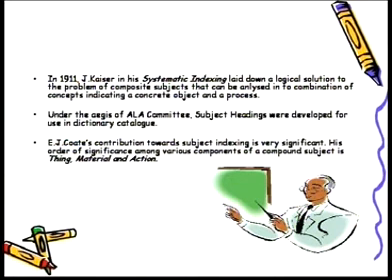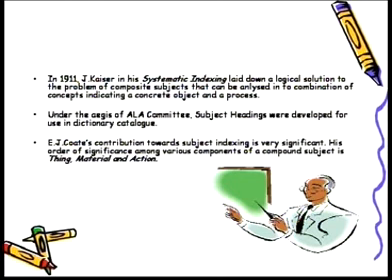In 1911, J. Kaiser, in his systematic indexing, laid down a logical solution to the problem of composite subjects that can be analyzed into a combination of concepts indicating a concrete object and a process. A need was felt for designing an apparatus which would lead to some standard terms from the several variant forms used by authors for common concepts.